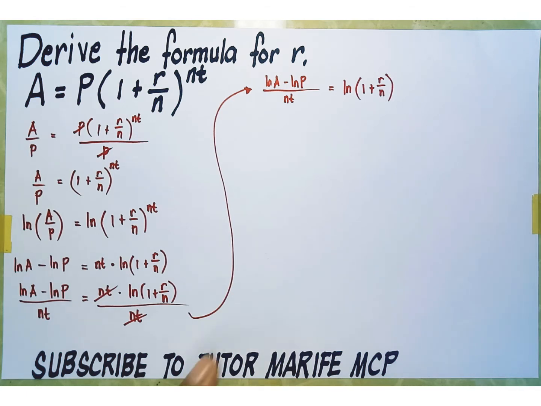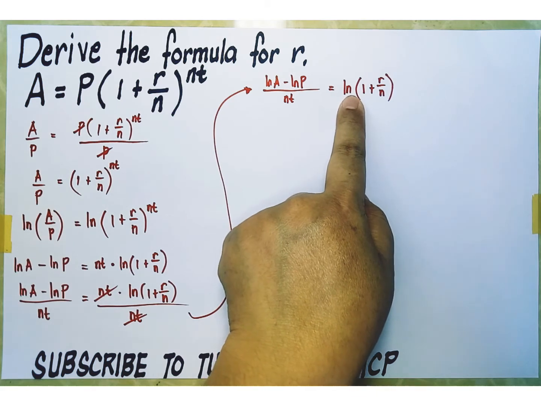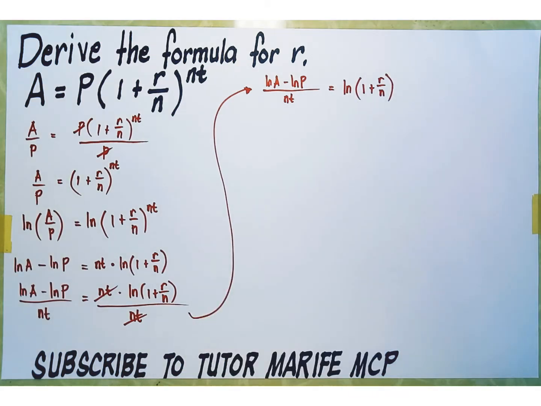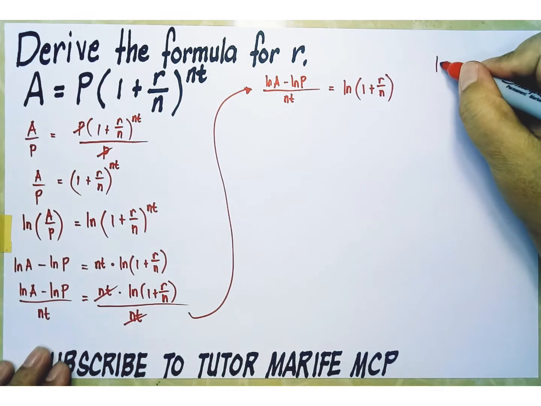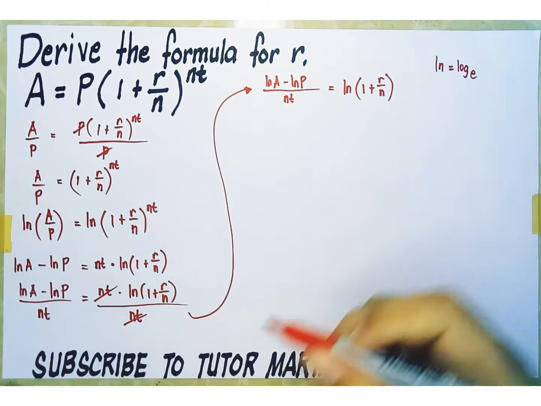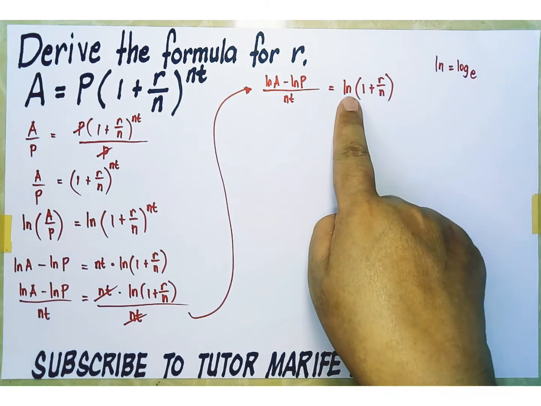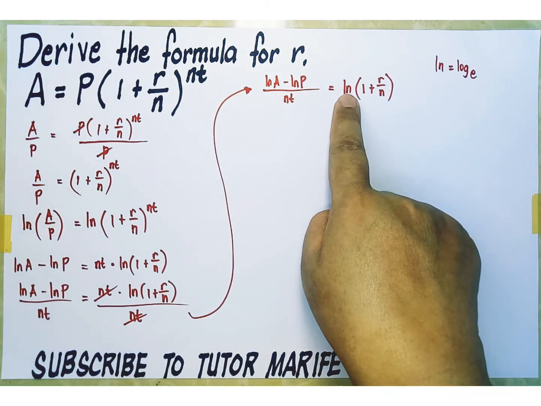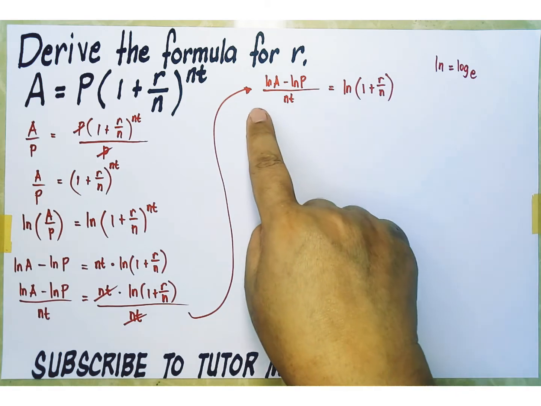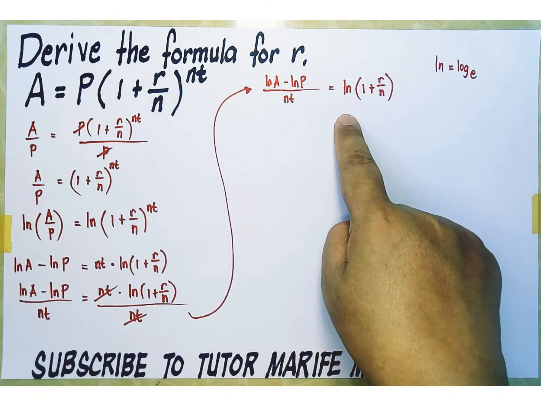Next, I want to eliminate ln from the right side. Ln is logarithm to base e, the natural number e. Okay? So, to remove this from the right side, I'll put base e to both sides of the equation.